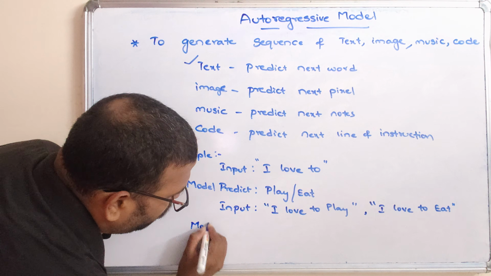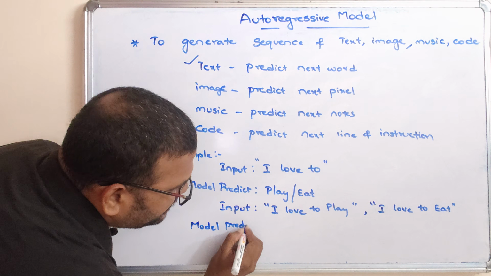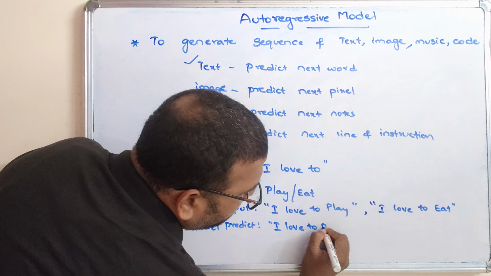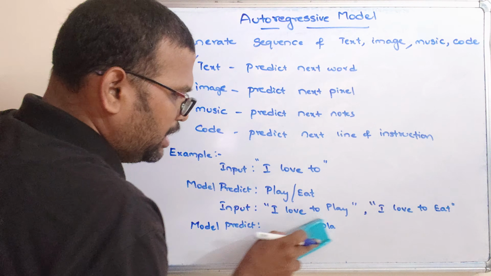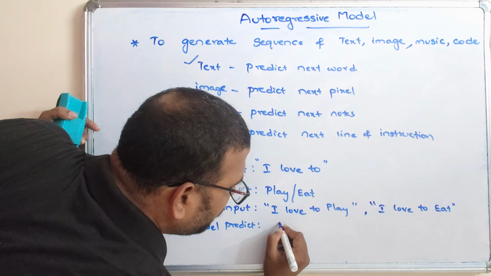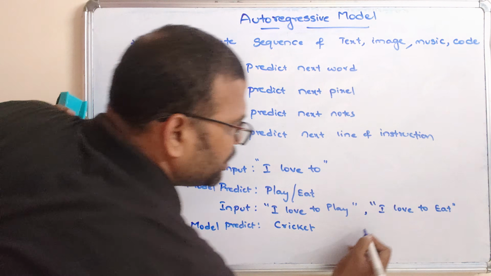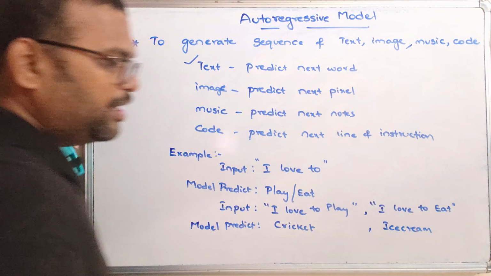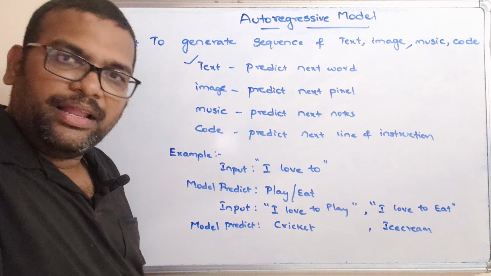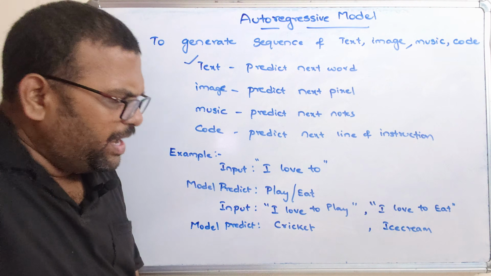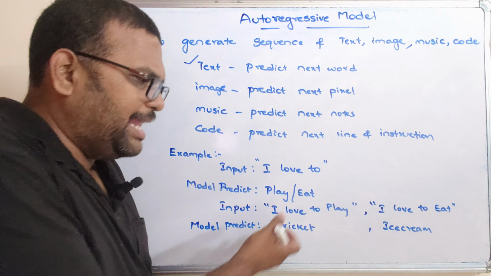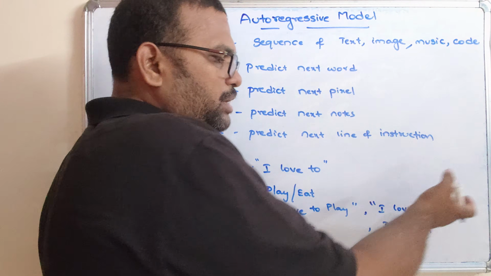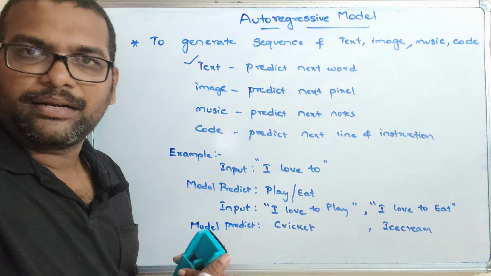So now the model will predict: I love to play cricket. Similarly, I love to eat ice cream. And if you give the same thing again as input to the model, it may generate the next sequence: I love to play cricket in a stadium. Similarly, I love to eat ice cream in an ice cream parlor.